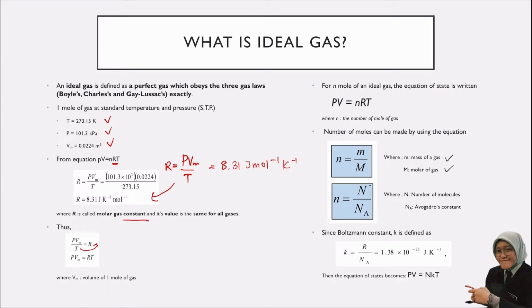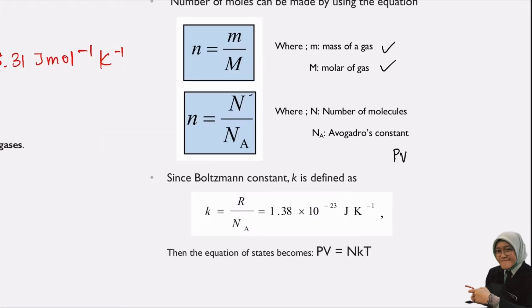So how we can get this equation? First, we write the main equation. PV equals to nRT, where the value of n, we can substitute this equation.